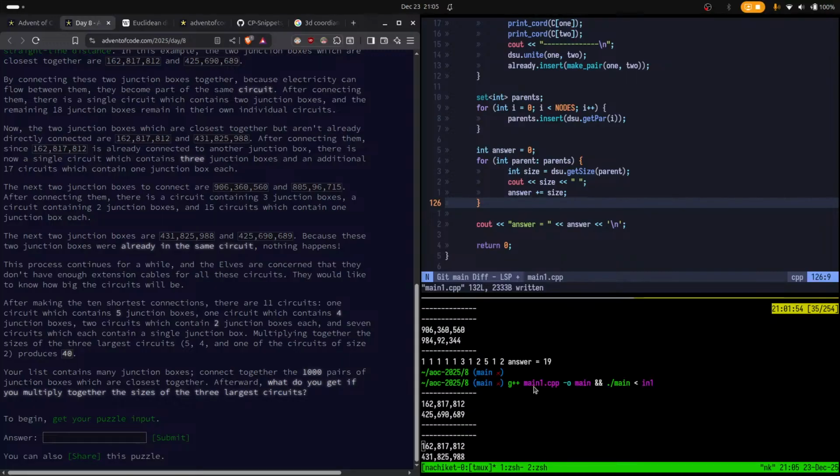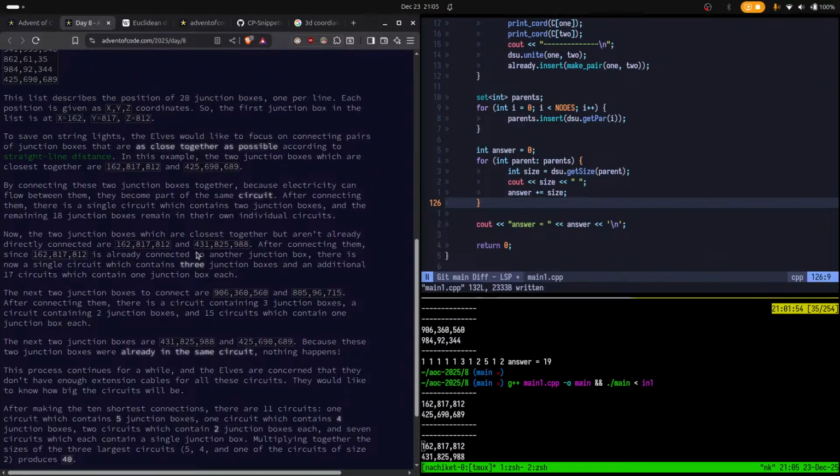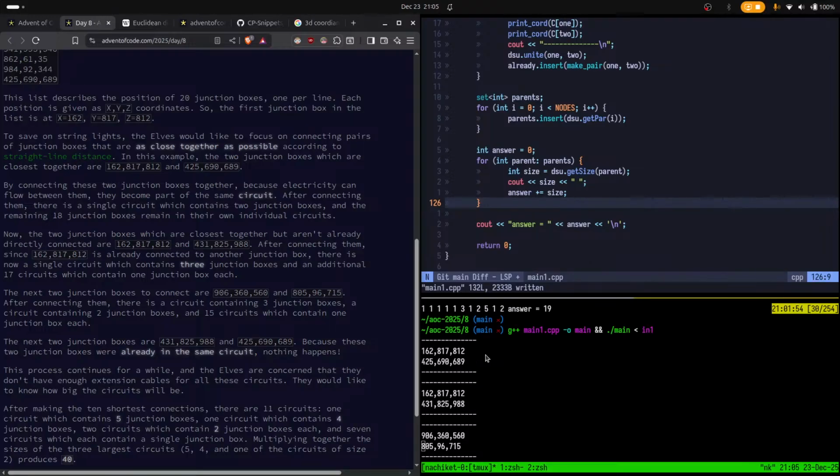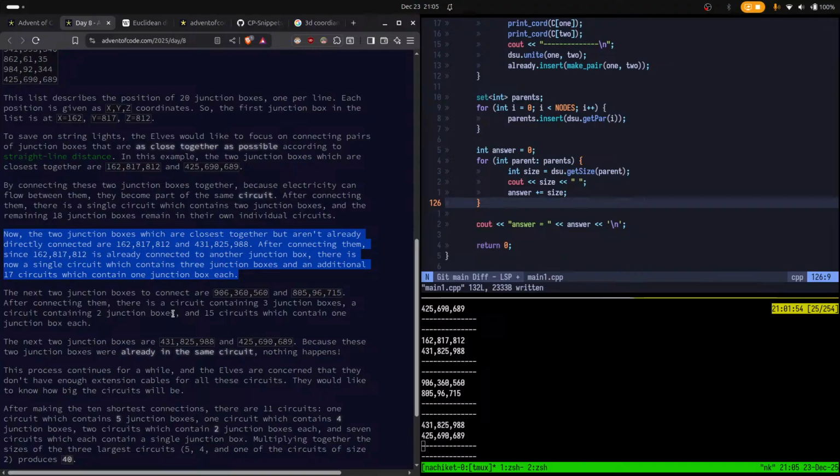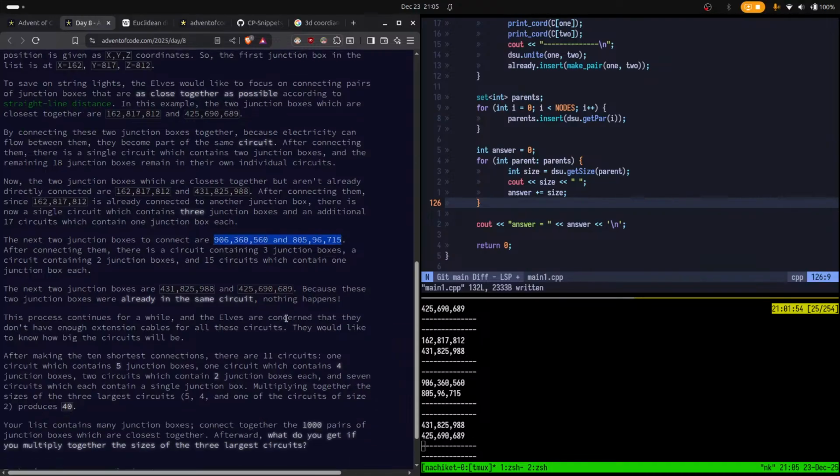Let's see the order in which they have merged, same as the program's output.